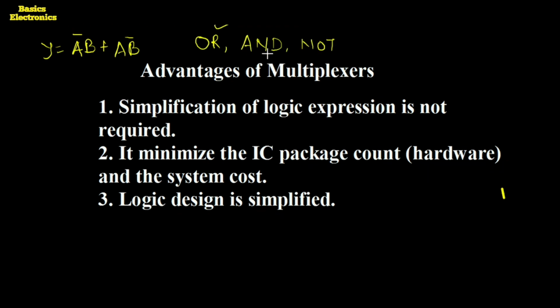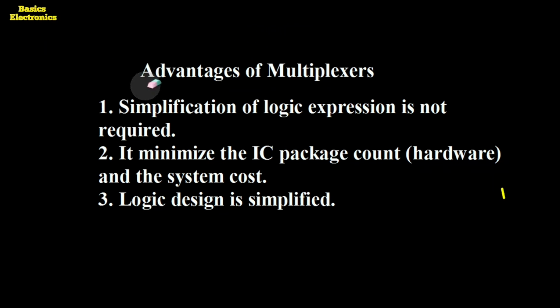For each of these we need ICs. But this same equation can be implemented by using only one multiplexer IC, a 4-line to 1-line multiplexer.